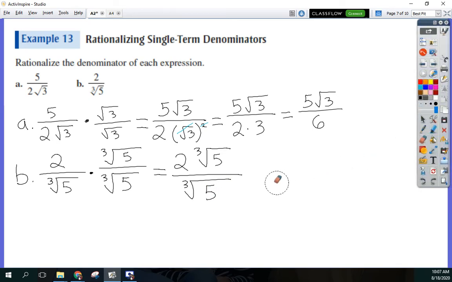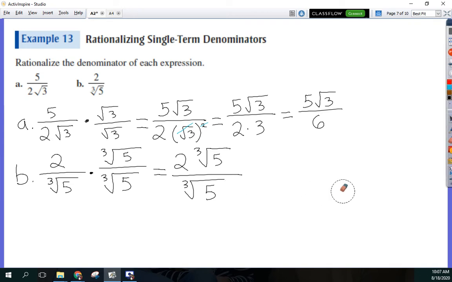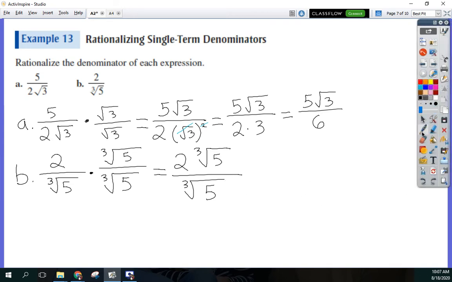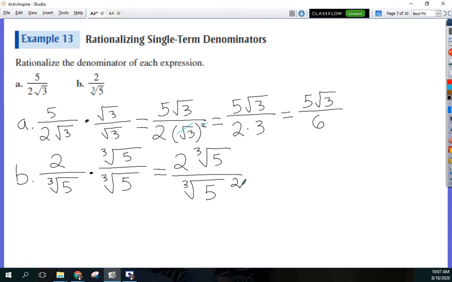But the problem is because my index is not 2 this time, if I have that squared, that exponent and that root aren't going to reduce each other. So it didn't do me any good to just multiply by what we had there. So if we notice, in order to make this exponent the same, we need to look at, well, what is my exponent that I already have?